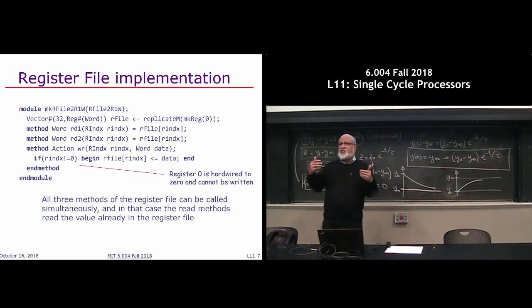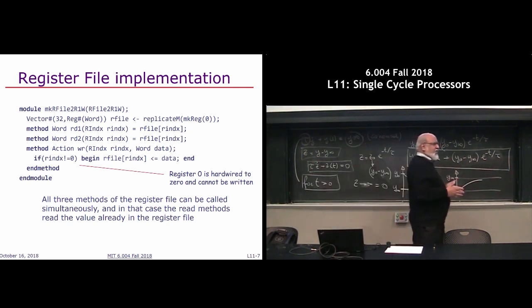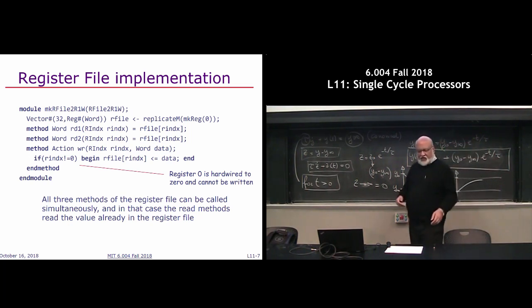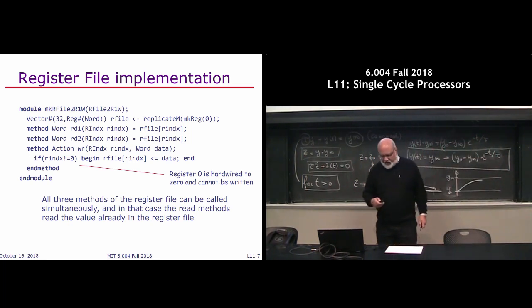And based on your experience with the register, what do you think the answer is? You read the old value, right? You do not read the new value. So whatever you write in the register file will only be visible in the next cycle. It's not visible in this cycle. All right, so this is something which is quite important to remember.